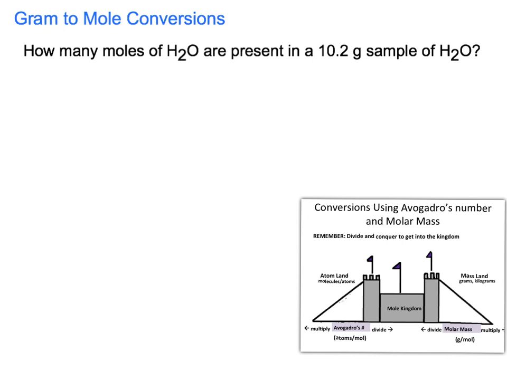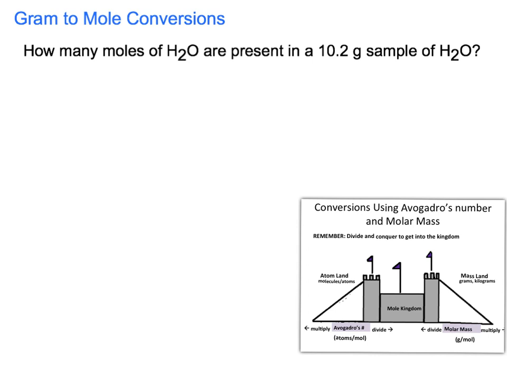On the right-hand side, we are in mass land, so the units that you expect to have on this side are grams or kilograms, things of that sort. On the left-hand side, you're in atom land. On this side of the flow chart, you're going to be in molecules or atoms or potentially ions. So this flow chart is readily used when you're converting between any of these three units.